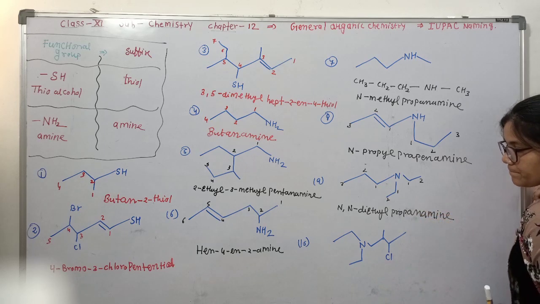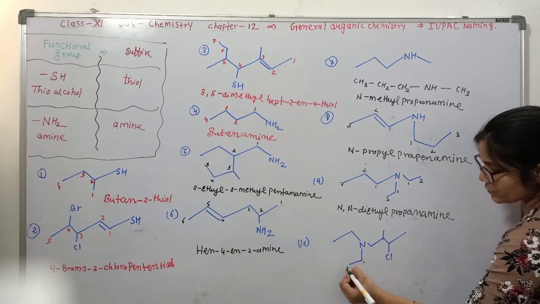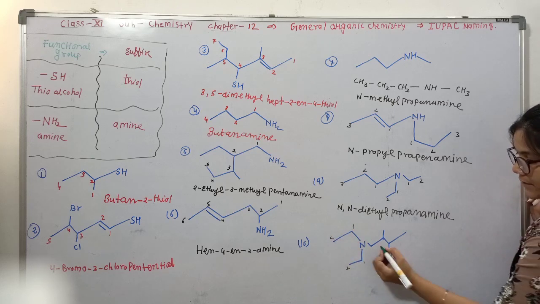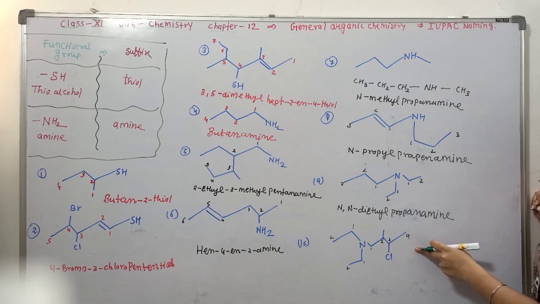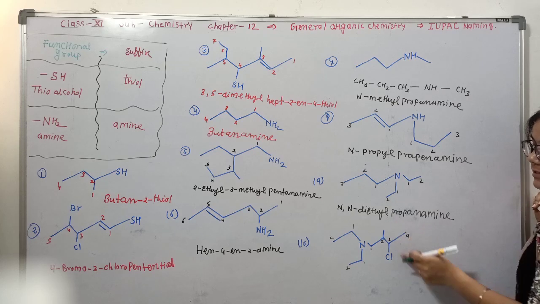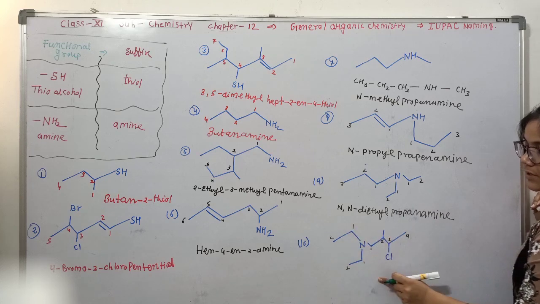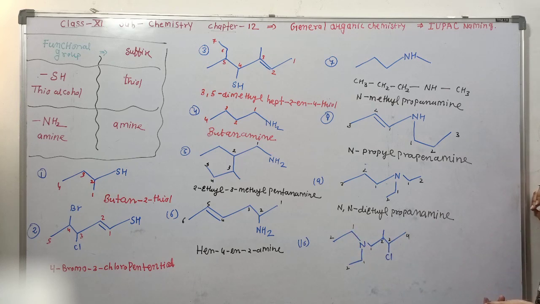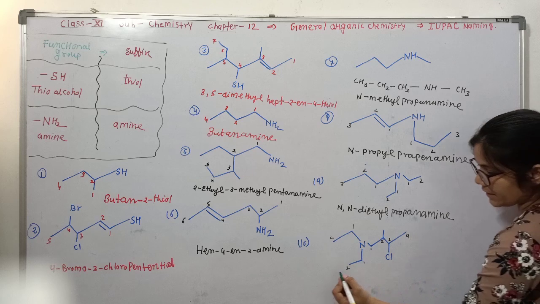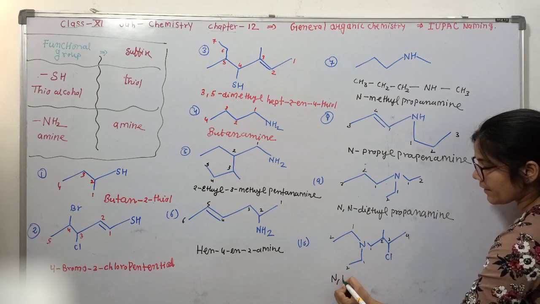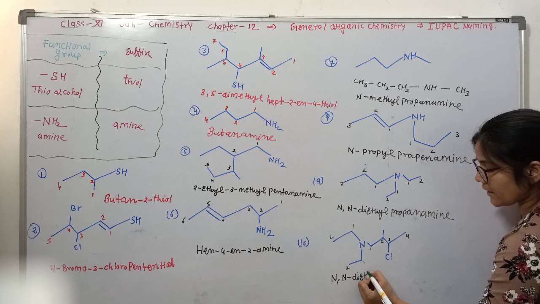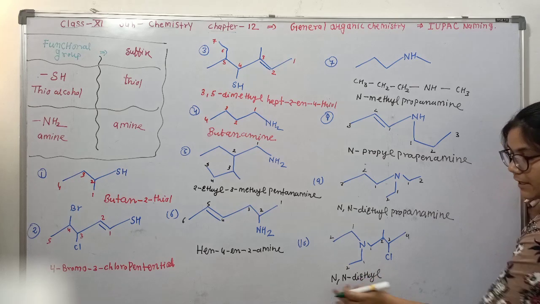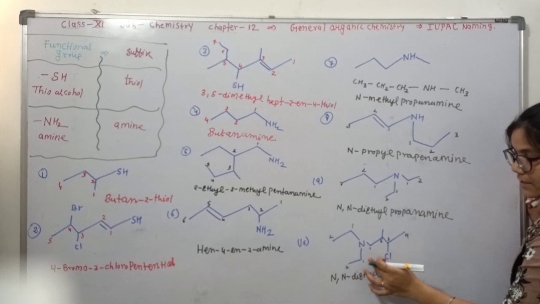And the last one: 1, 2, 1, 2. And here it's 1, 2, 3, 4. So this one will be our parent carbon chain with 4 carbons. It has a substituent itself and 2 substituents on nitrogen. So let's name the compound. N,N diethyl.